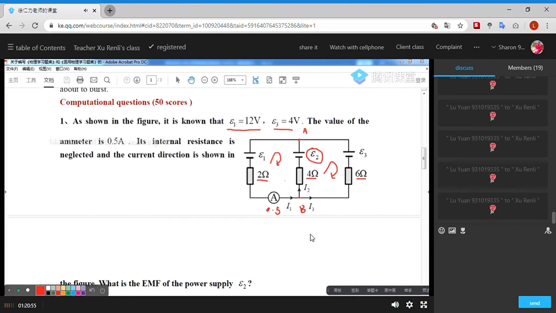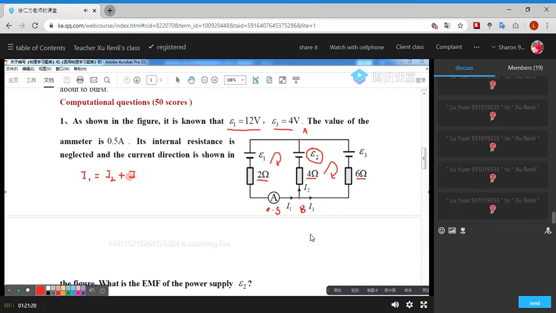The first equation is about Kirchhoff's first law. According to Kirchhoff's first law, at junction B, the incoming current should be equal to the outgoing current. So I1 equals I2 plus I3.